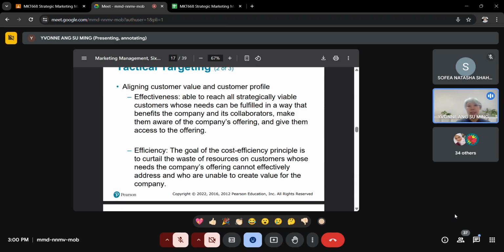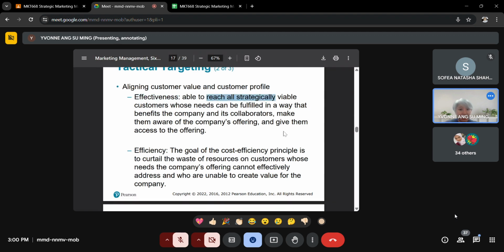So in tactical targeting, what we're trying to do is we are trying to reach all the people inside the segment that we have already chosen strategically. Okay, so here when we're trying to reach all of them, of course we have to find an effective way to go out and reach all of them.